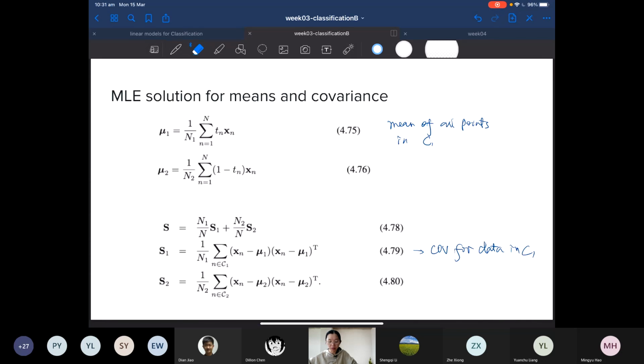It's not, again, the unbiased estimate, but it is the maximum likelihood estimate as we covered in week 1. And then the estimate for the overall covariance matrix is a weighted sum of the covariances in class 1 and 2, which makes sense too. All right.